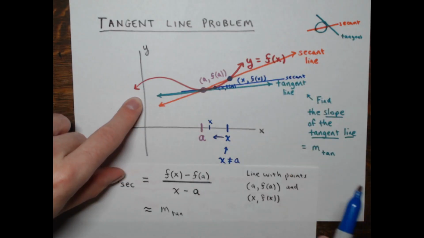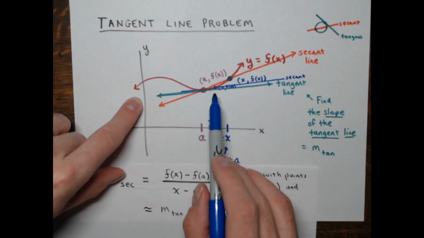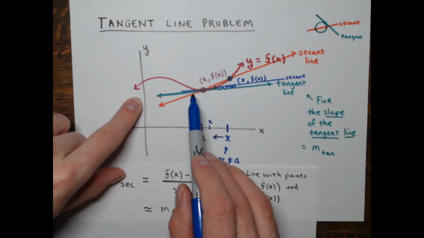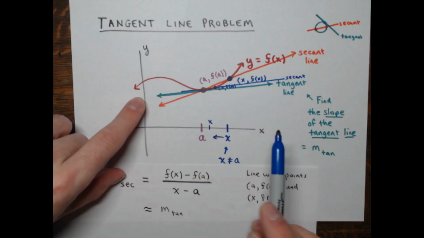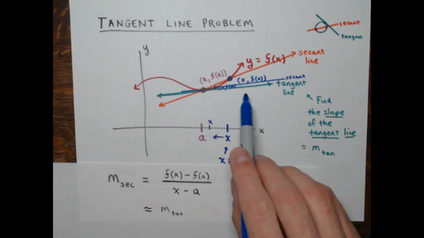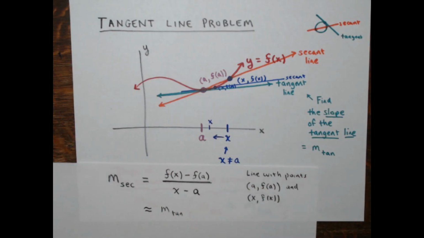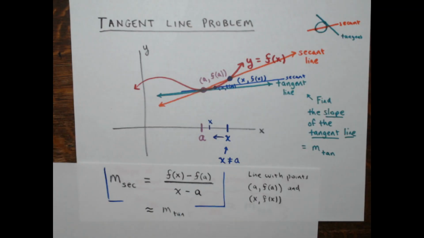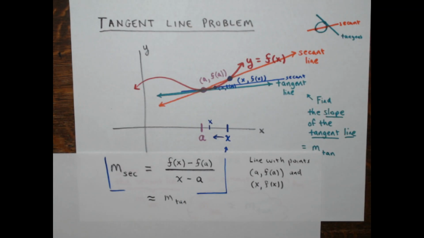I'm going to go to a new page, but in that case, when the value I choose is closer to a, the secant line is much, much better at approximating the tangent line. So I'll keep this in a box. This is one way to express the slope of a secant line, and then use it to help you estimate the slope of a tangent. We'll get to that with some problems in a minute.